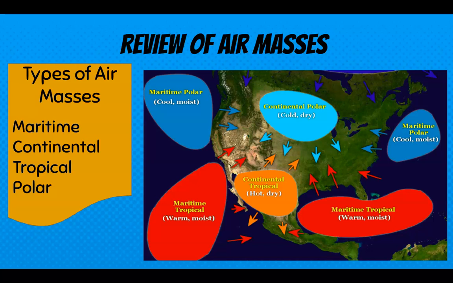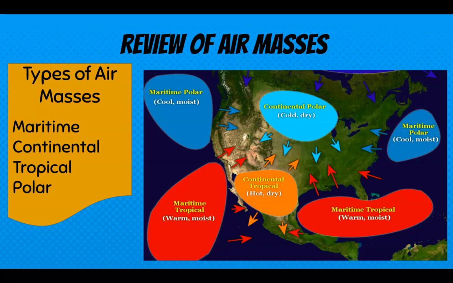Then your air mass can either be tropical, which means it's coming from towards the equator, from a warm tropical area, so it's going to be warm air. Or it can be polar, which means it's coming down from the poles, so it's going to be cold. So you can have cold wet air, maritime polar; cold dry air, continental polar; warm wet air, maritime tropical; or hot dry air, continental tropical.